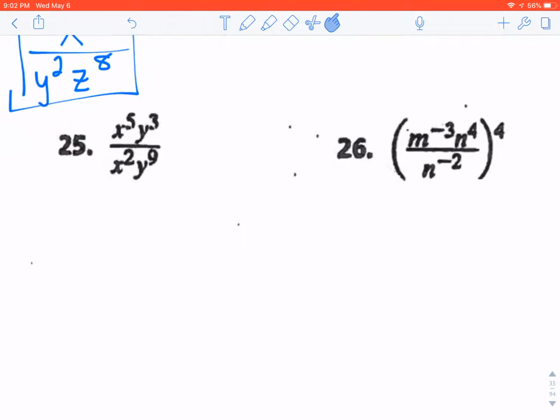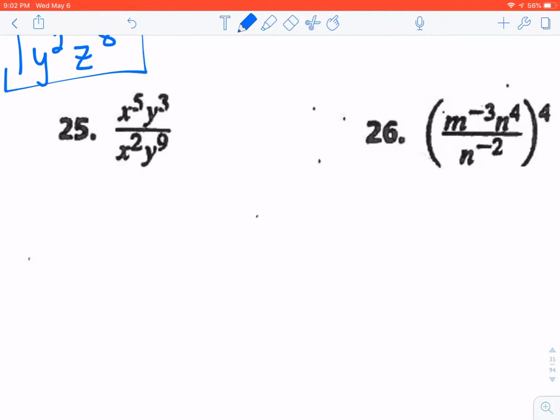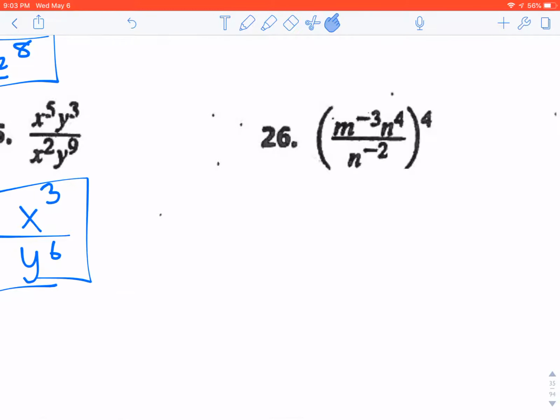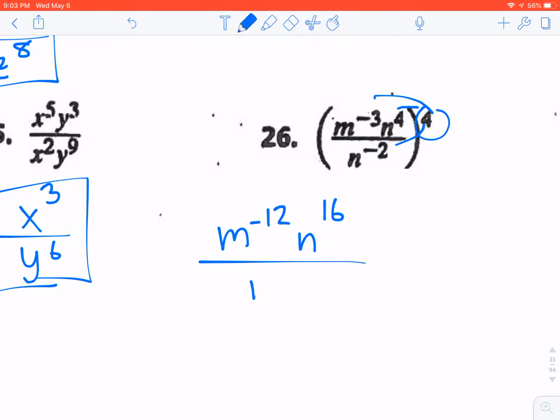25's answer should have been x to the 3rd over y to the 6th. That one was a little bit easier. Number 26, your first step, you should have multiplied that 4 through. So m to the negative 12th, n to the 16th, over n to the negative 8th.